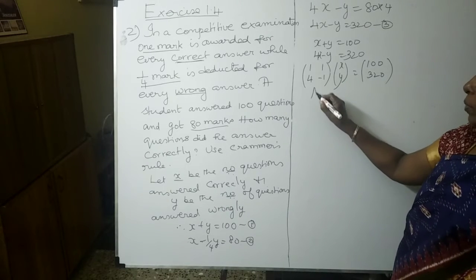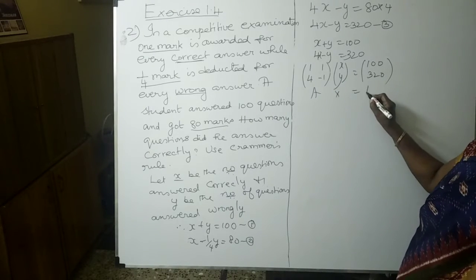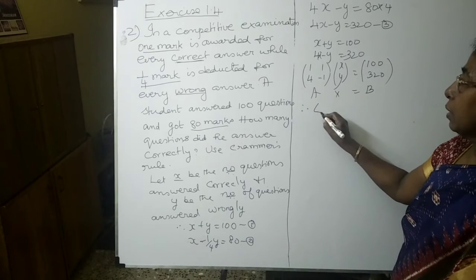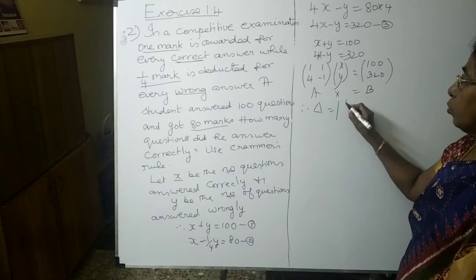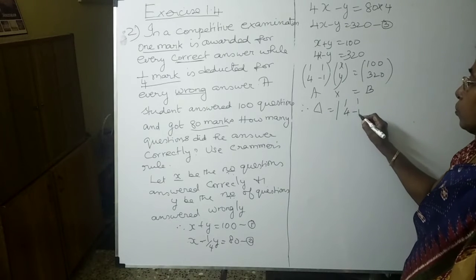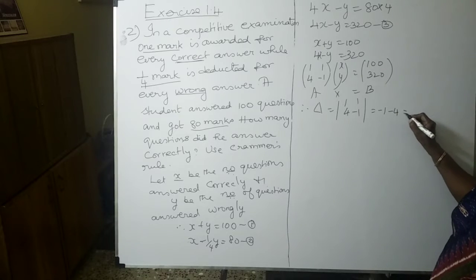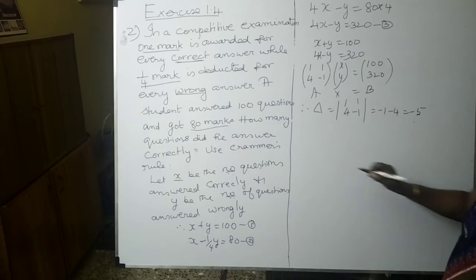So this is of the form Ax is equal to b. Therefore, delta is equal to determinant 1, 1, 4, minus 1. This is equal to minus 1 minus 4. This is equal to minus 5.